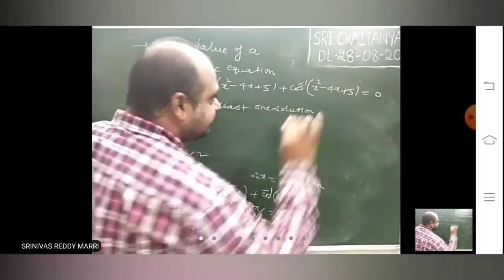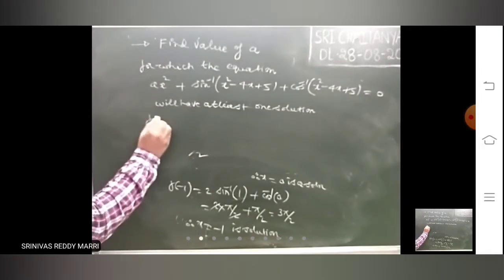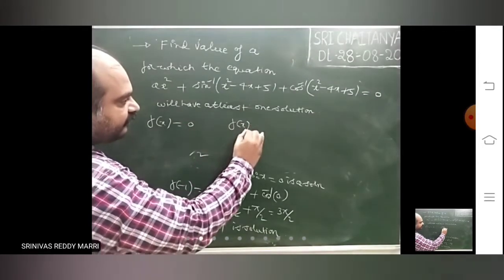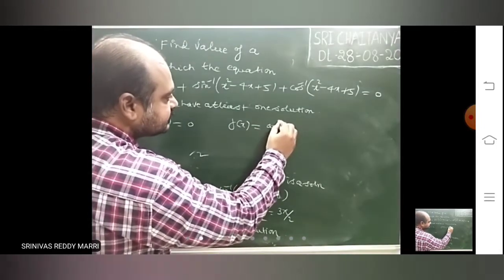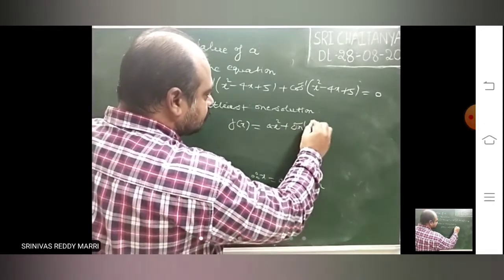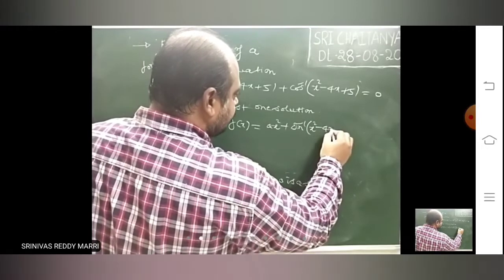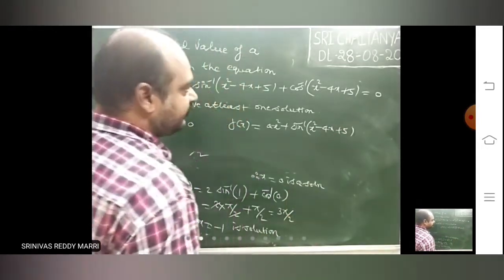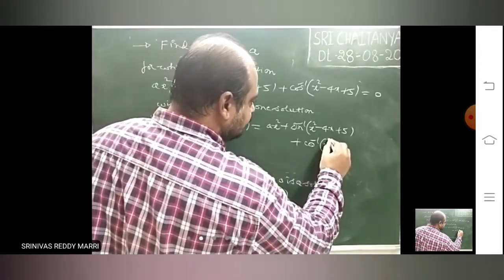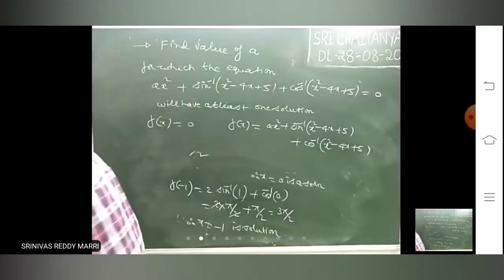Look at this big function he will give. Take this as f of x, f of x equal to 0. So f of x is ax square plus sine inverse of x square minus 4x plus 5 plus cos inverse of this.